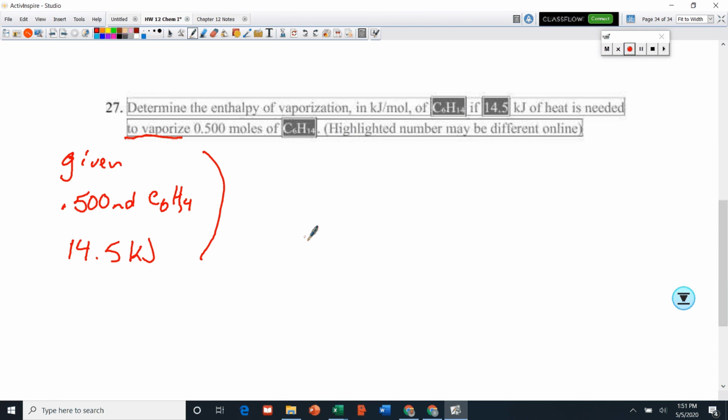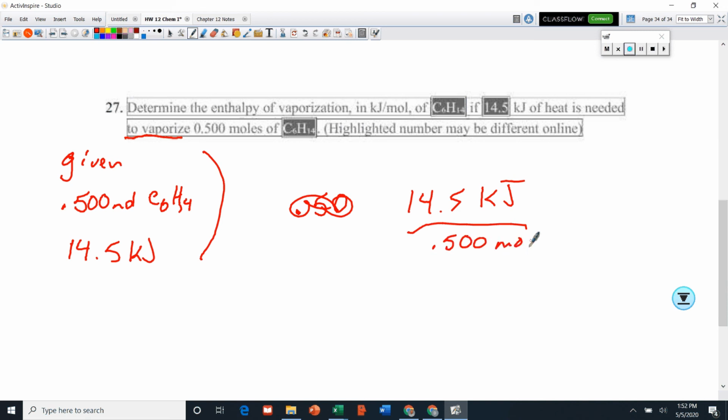So basically, if we have 0.5, and we want it to be in kilojoules per mole, so if we have 14.5 kilojoules, and we divide that by 0.500 mole, our answer should be in kilojoules per mole.